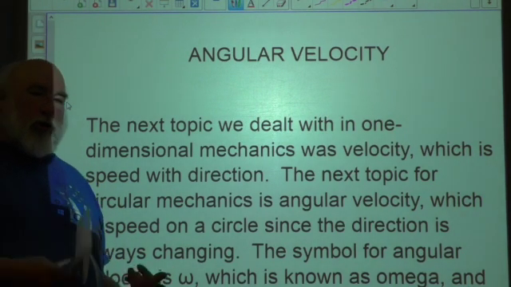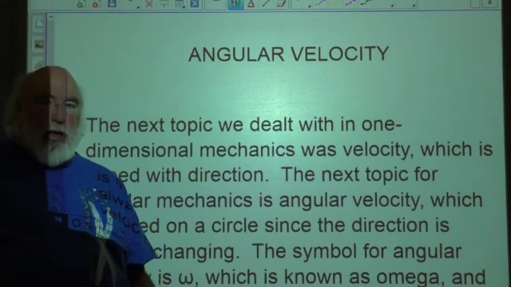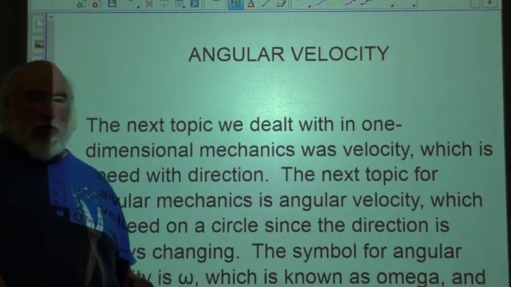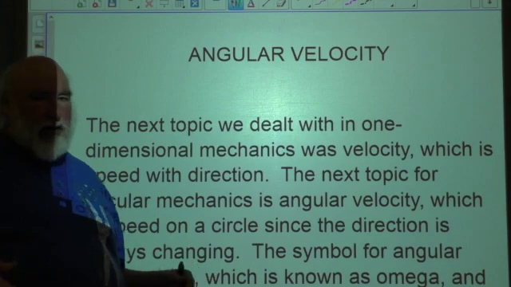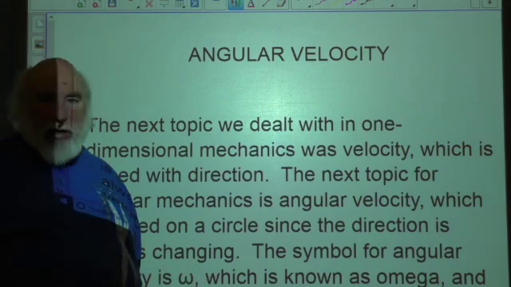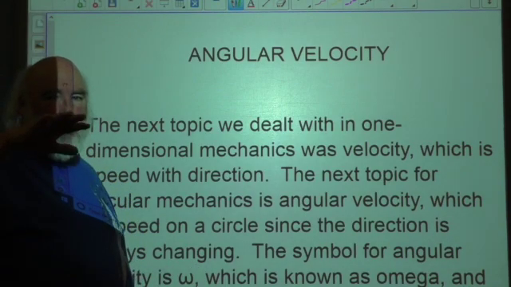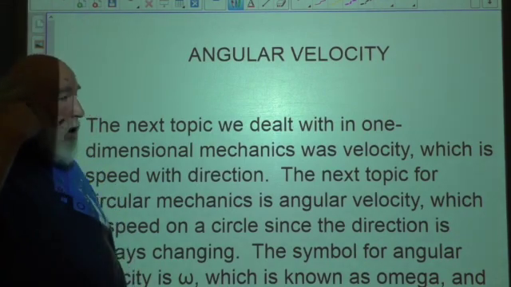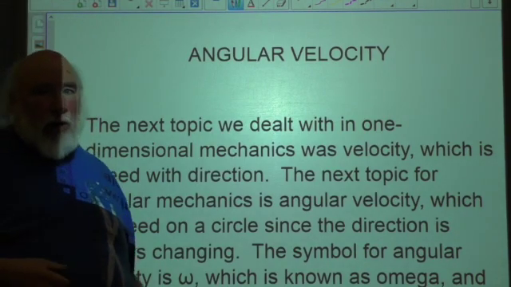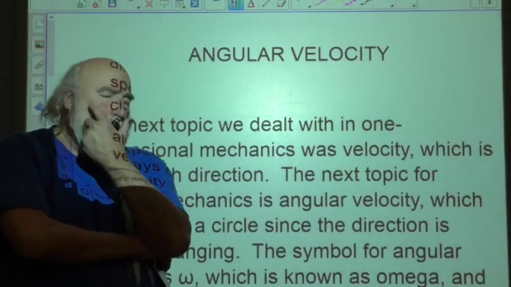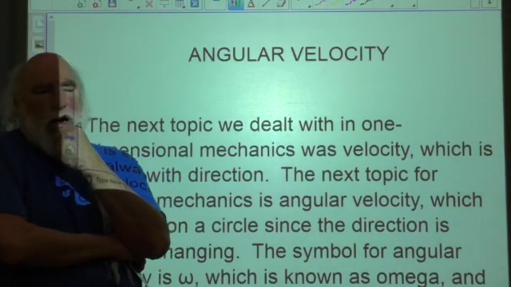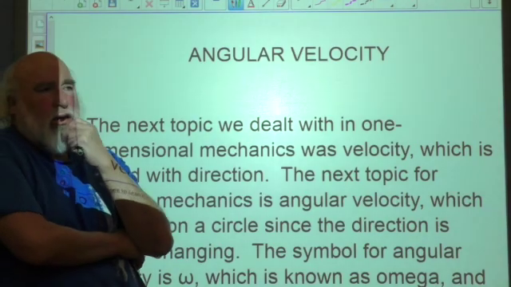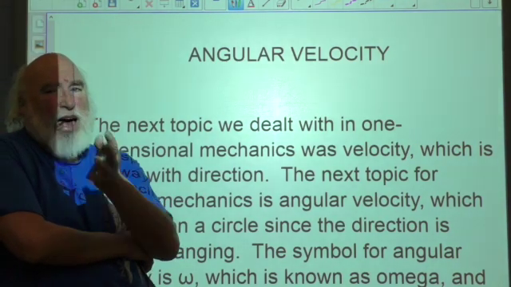Okay, so we just talked about angular displacement and how that's actually circular distance around the point, creating a circle. And we use radians to describe the length of a circle equal to the length of the radius. The next thing we talked about in straight line, or one-dimensional mechanics dealing with motion, was velocity.